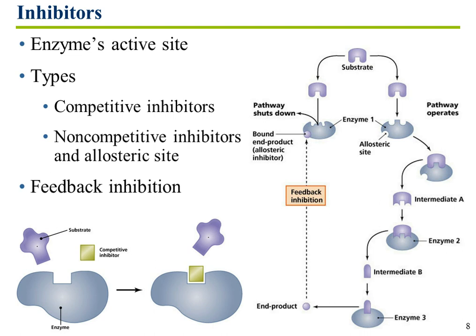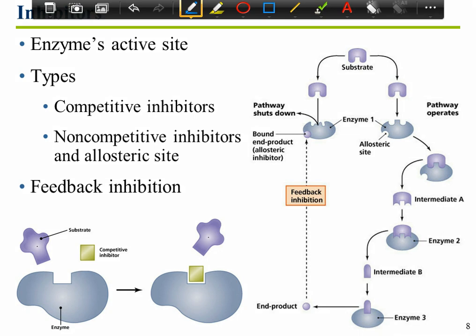Inhibitors. Here's a look. I've just defined the two kinds of inhibitors for you, competitive versus non-competitive. Down here at the bottom, you see the active site. I'm going to put AS right there, where the substrate fits like a lock and key with an enzyme.